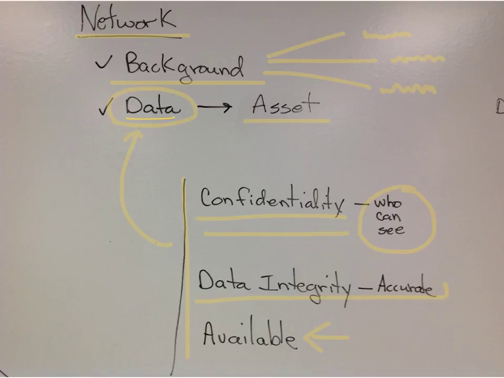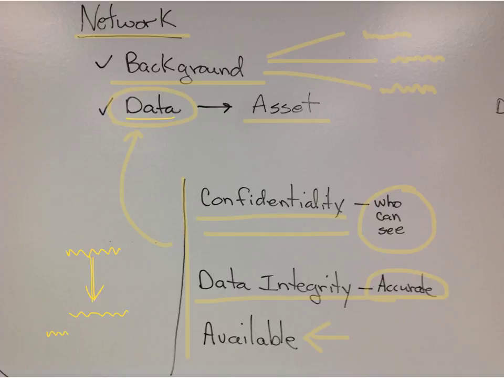Data integrity is the idea that the data is accurate. I use the example, I get paid, and the college's bank transfers the money to my bank, and they use my account number.